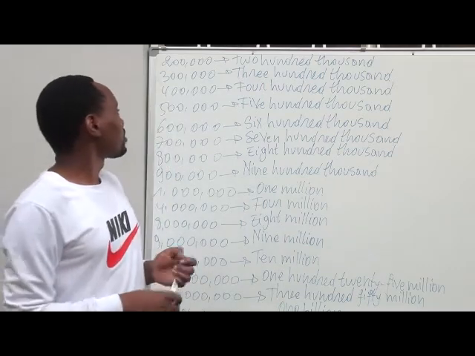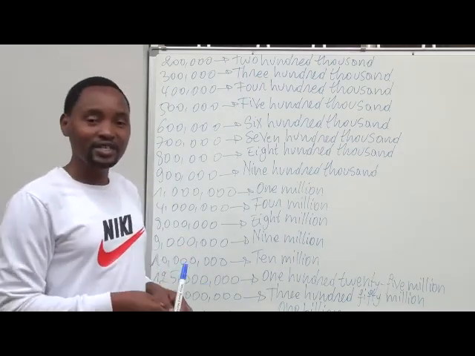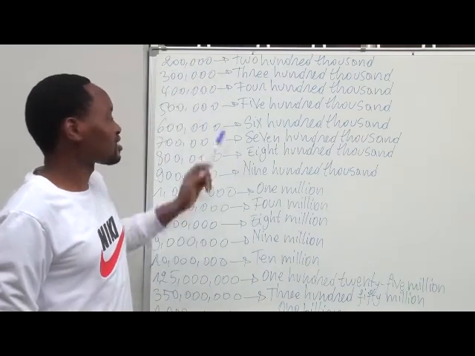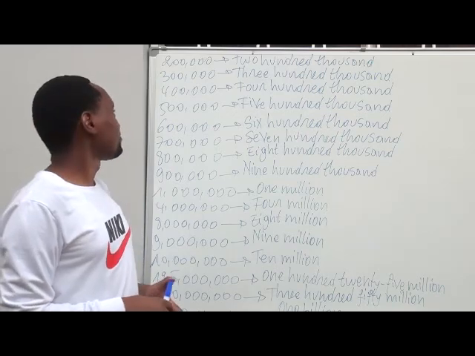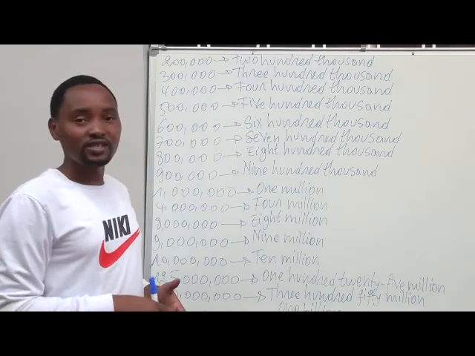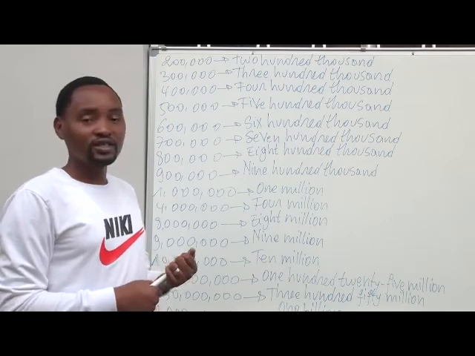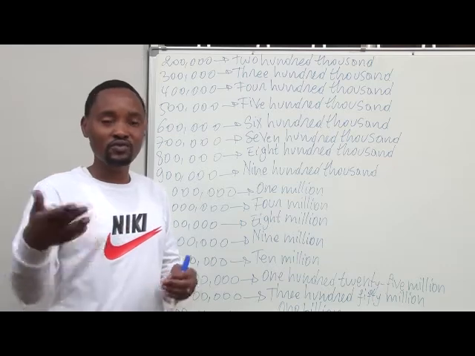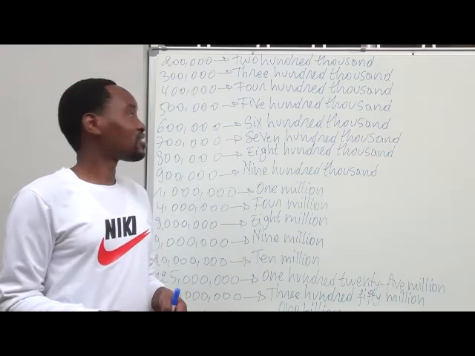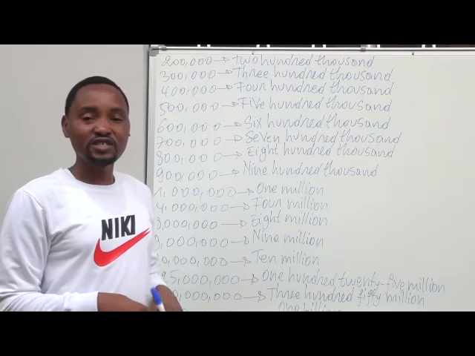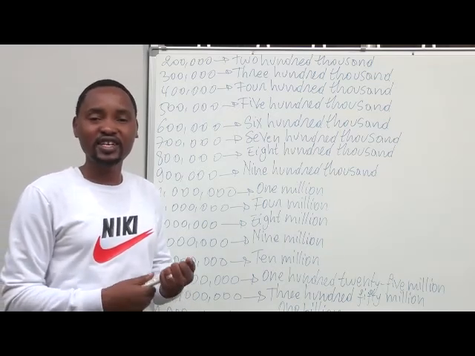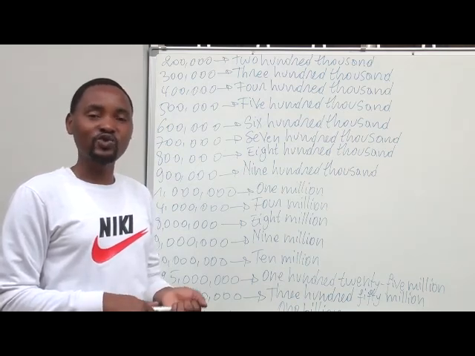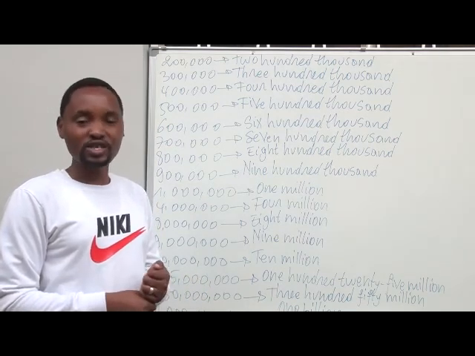Here we have how many numbers, or digits? We have 1, 2, 3, 4, 5, 6. We have 6 numbers, and the last 3 numbers are zeros. What we do is like what we have done with other numbers. We read the first 3 numbers together, and the last numbers, which are zeros, we read as 1,000.